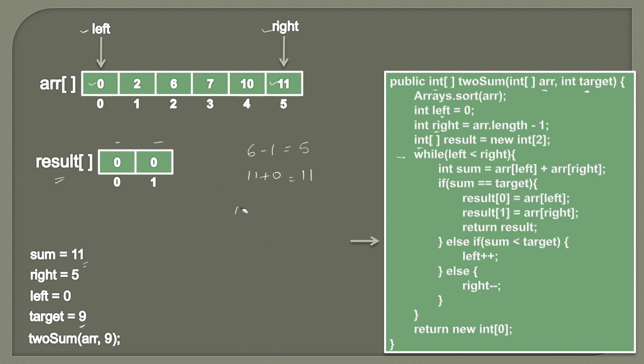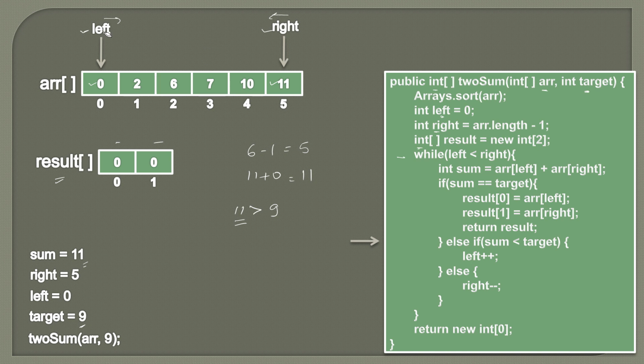So here currently 11 is greater than target, and as we have this array in sorted form in ascending order, we know that we need to reduce this sum by 2 or whatever value so that it is equal to 9. So we have 2 choices, either we traverse left this side or we go right this side.